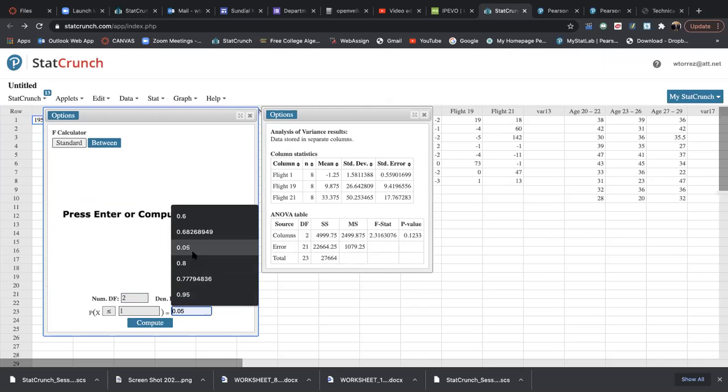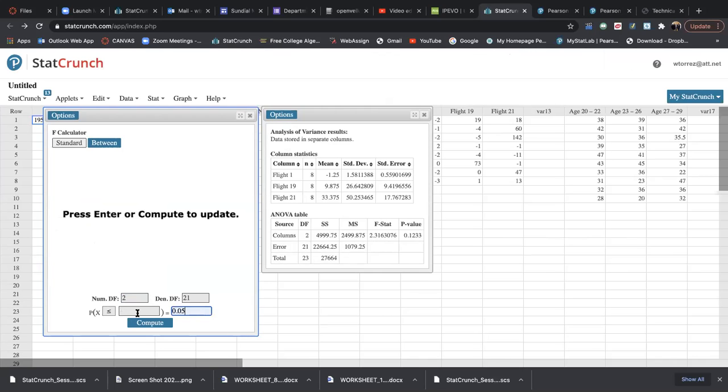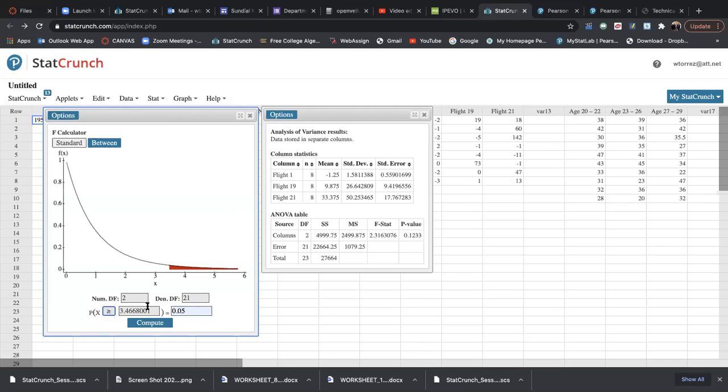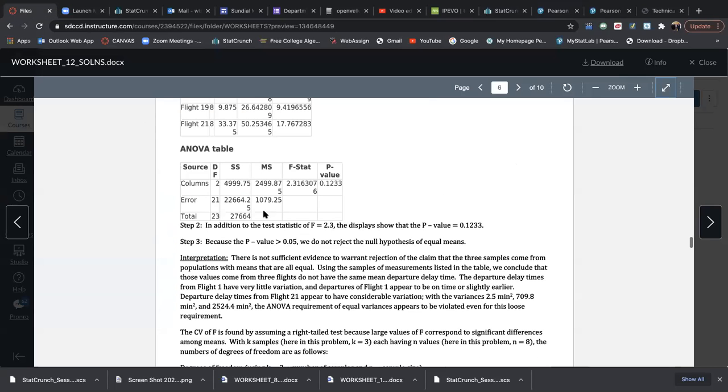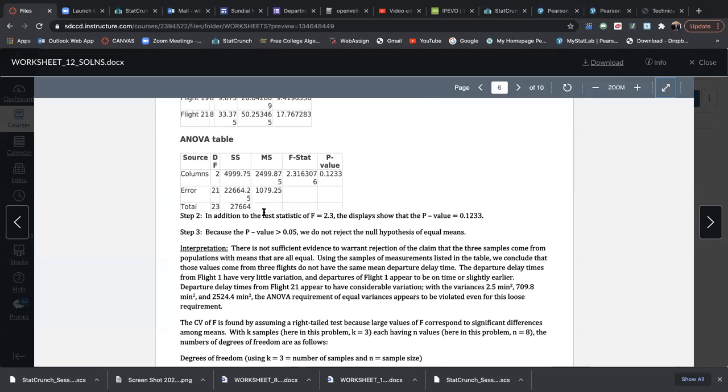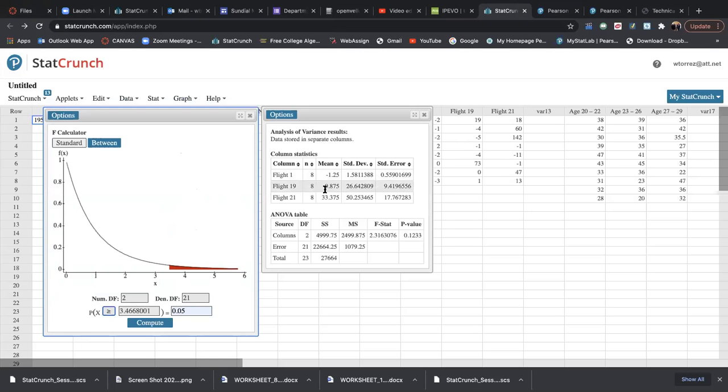We'll put area 0.05 in the right tail, change our inequality to greater than or equal to, and we get a critical value under the F curve to be about 3.5. All right. And that's summarized here in our document.